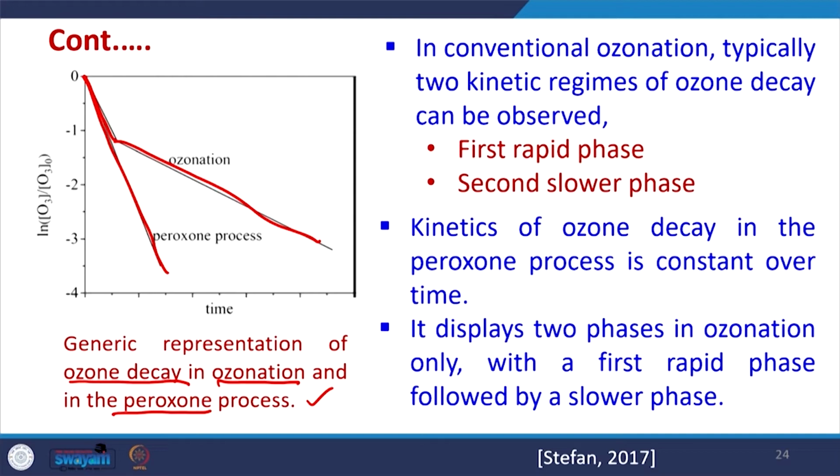The kinetics of ozone decay in the peroxone process is constant over the whole range. We can see here it is overall constant. So, it displays two phases in ozone only, whereas it shows only one phase in the peroxone process.